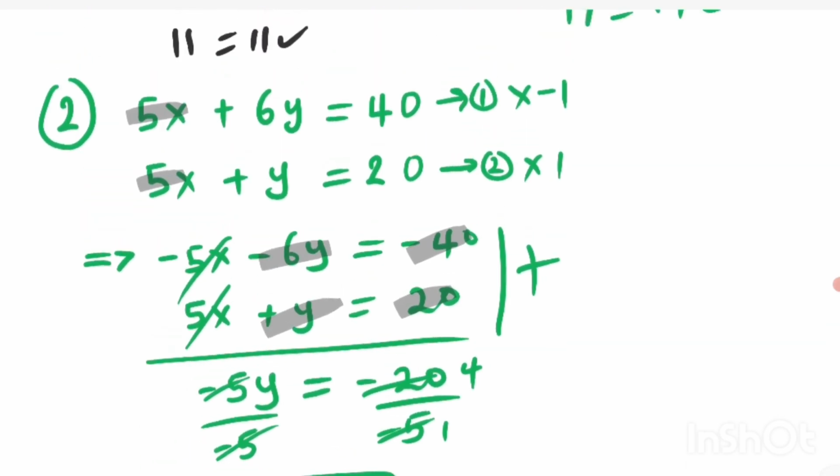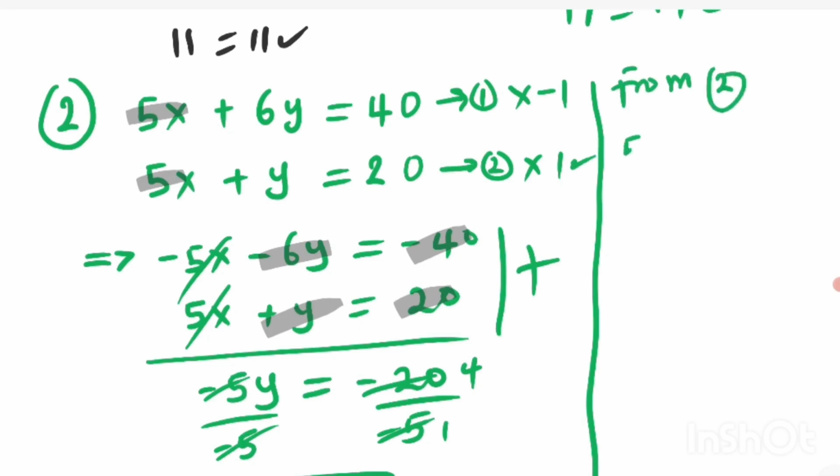To solve for x, from either equation 1 or equation 2, let me make use of equation 2. From equation 2, we have 5x plus y equal to 20.